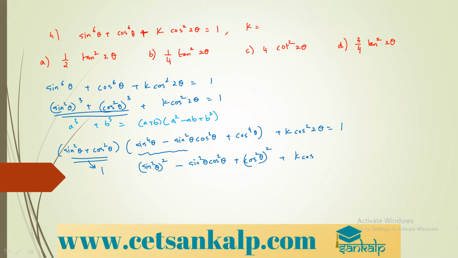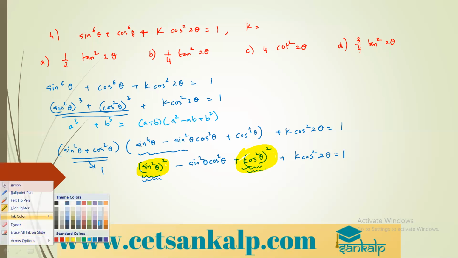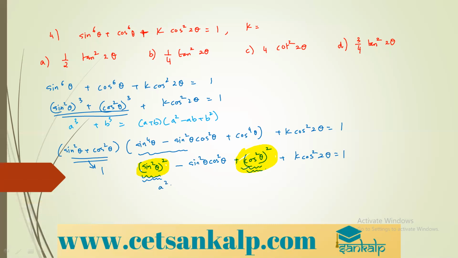And finally, k cos square 2 theta equal to 1. Now, sine square theta whole square and cos square theta whole square: I am taking only these two terms and I will use a formula. The formula I will be using here is a square plus b square is a plus b whole square minus 2ab.